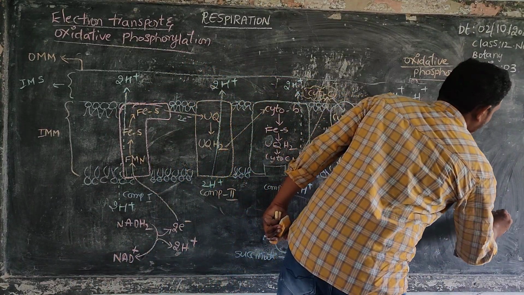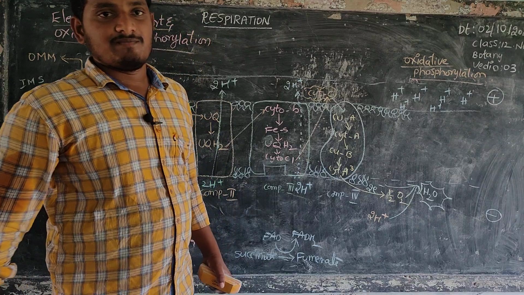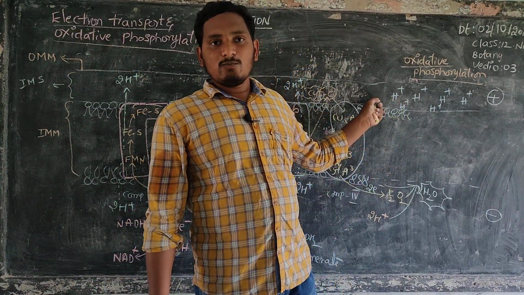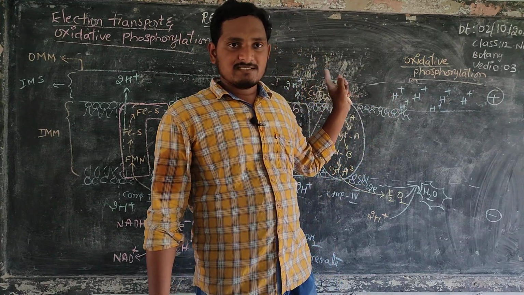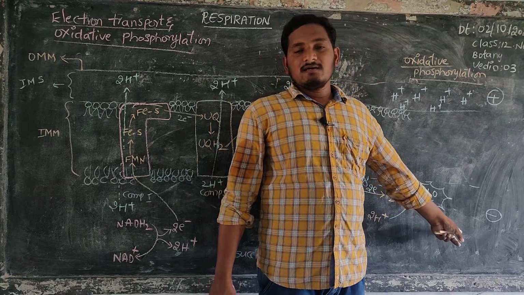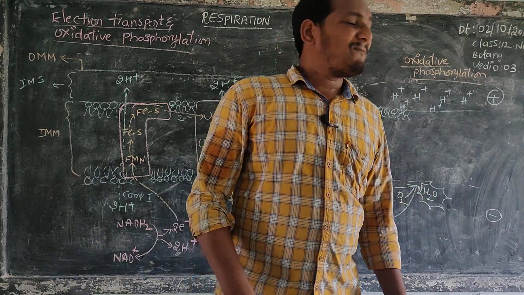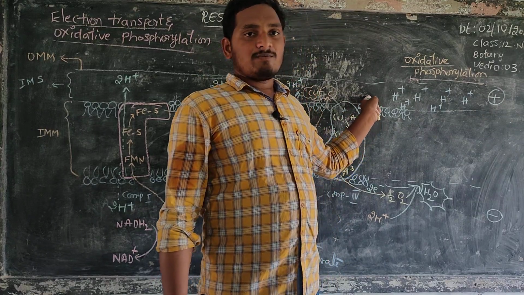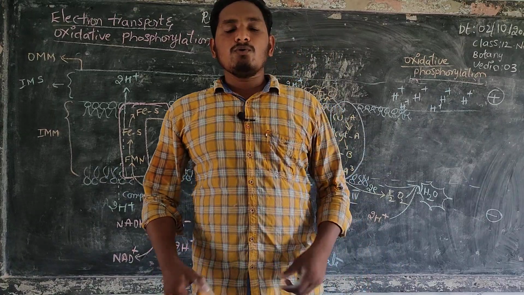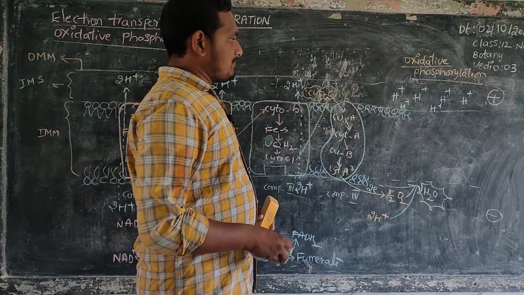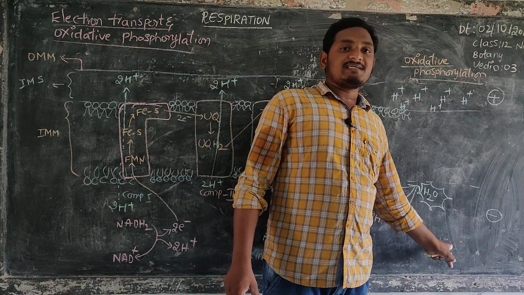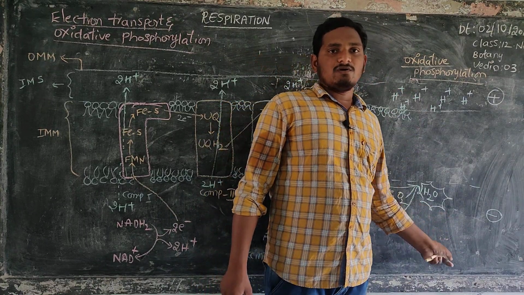In the matrix, a low concentration gradient is formed, because protons are highly accumulated in the intermembrane space and fewer protons are in the matrix. That's why the outer area has high concentration and the inner area contains low proton concentration. What will happen? These protons try to return to the matrix.